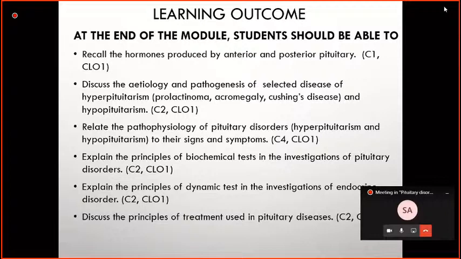So we are going to look at the general biochemical investigations for pituitary disorders, in which we will talk a bit about dynamic tests, and then very briefly on the treatment.